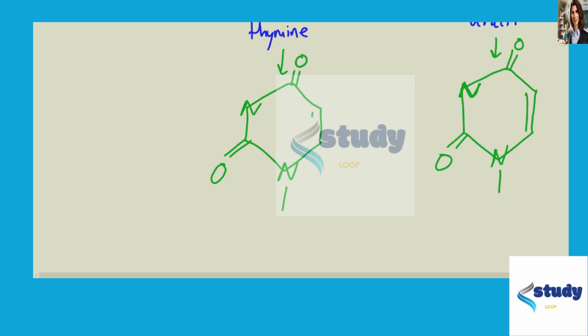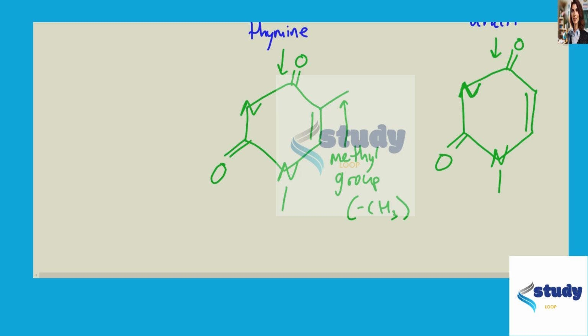So up to now, everything is the exact same between thymine and uracil. The only difference is thymine has an additional methyl group right here. So we can point out that this is a methyl group or a CH3. Okay. So what's the difference between thymine and uracil? Well, essentially, thymine is just methylated uracil.